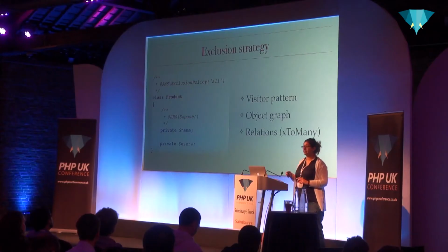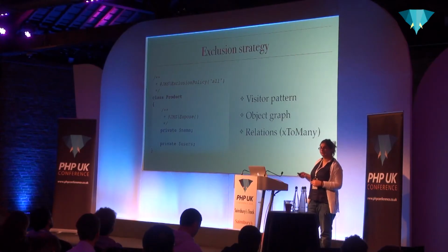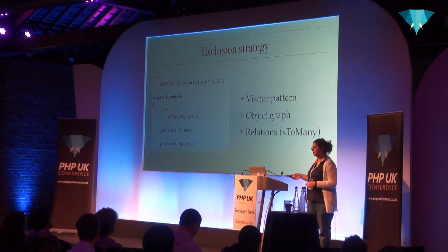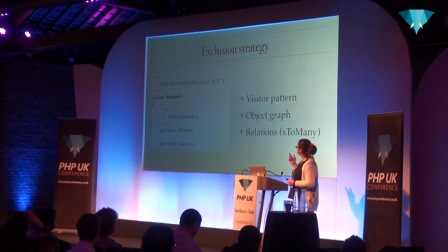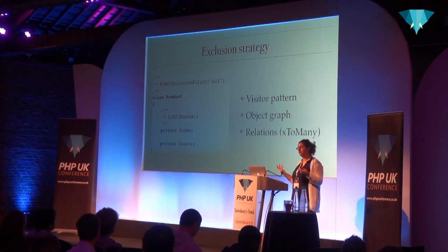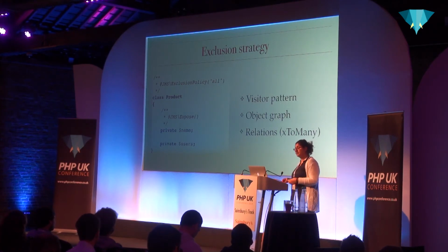You could have a user with an address, an address with a country, and so on. If you don't use the exclusion policy when you call the serialize method on the service, you are going to actually serialize the whole graph of your object, and it could be very, very, very long.